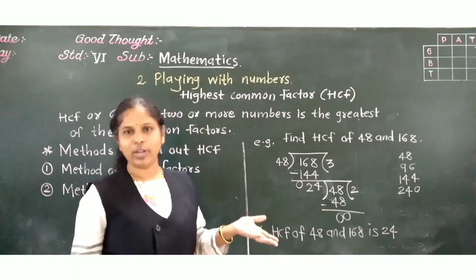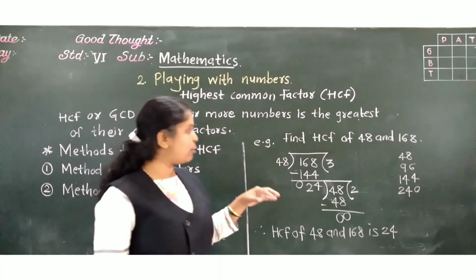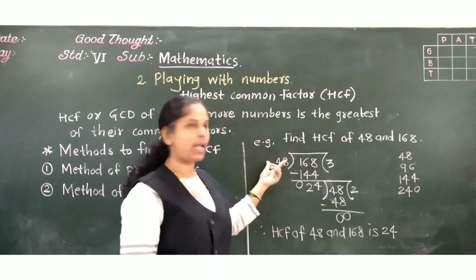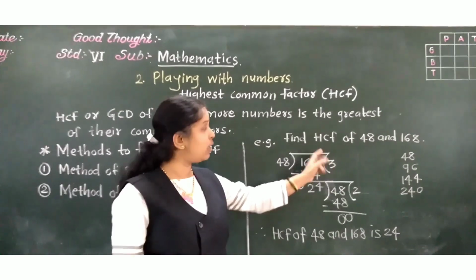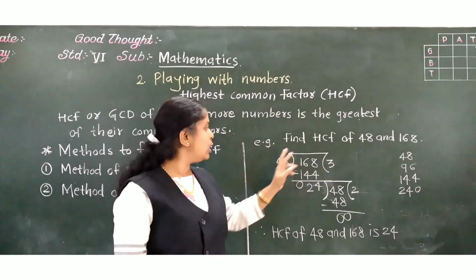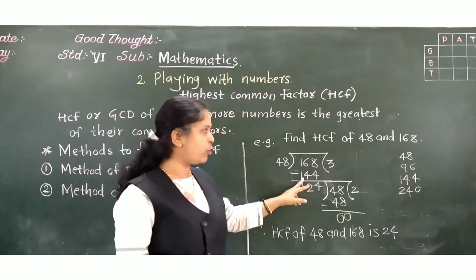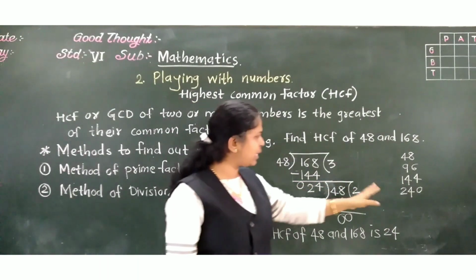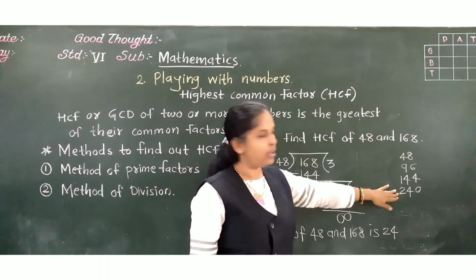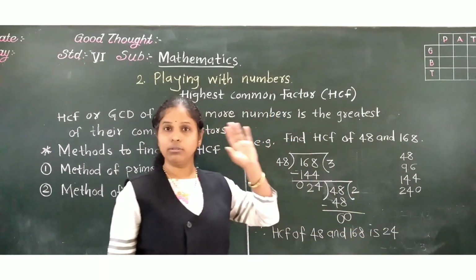The division method is also very easy. What we have to do is divide the greatest number by the smallest one, and write that portion on this side. So see, 48 threes are 144. First I made the table, up to the required values only. I did not write the whole table.